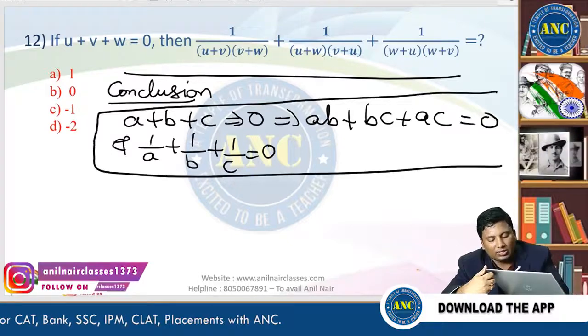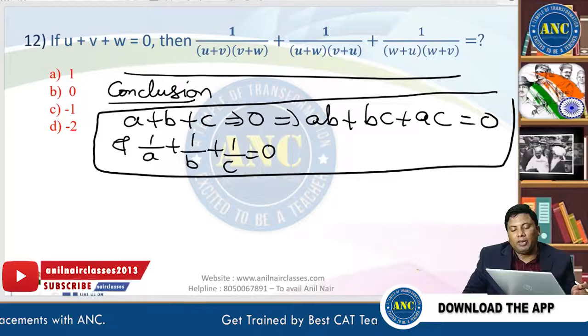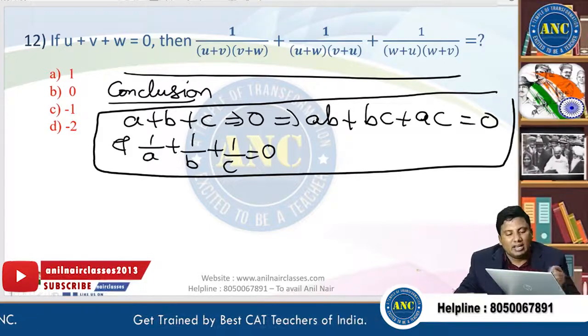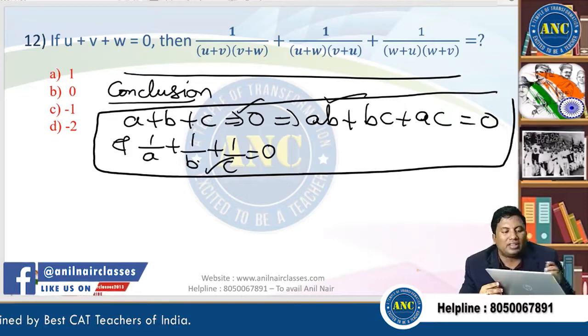Please write this down. If a plus b plus c is 0 and ab plus bc plus ac, if these two are given, this is right.